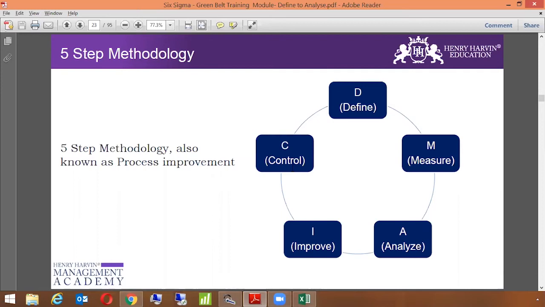Now we are stepping into the 5-step methodology, which is also known as a process improvement methodology. This 5-step methodology starts from the define phase, then moves on to the measure phase, analyze, improve, and control. This is something which needs to be followed. We will be discussing this in detail in the upcoming sessions.